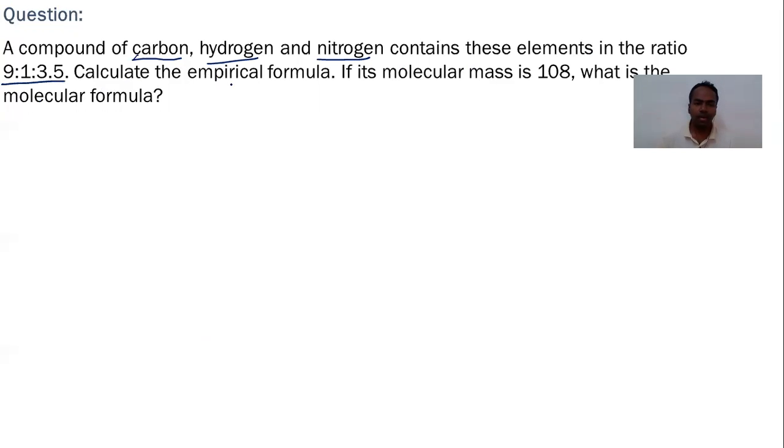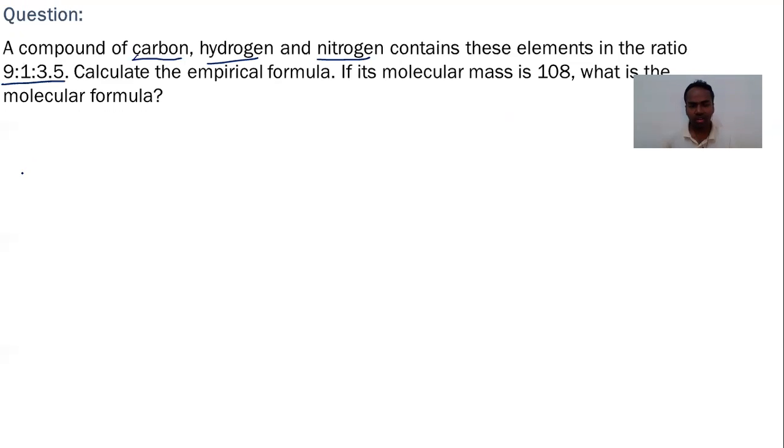Calculate the empirical formula. If its molecular mass is 108, then what is the molecular formula? So two things need to be determined: the empirical formula and the molecular formula. First, we have to calculate the empirical formula.